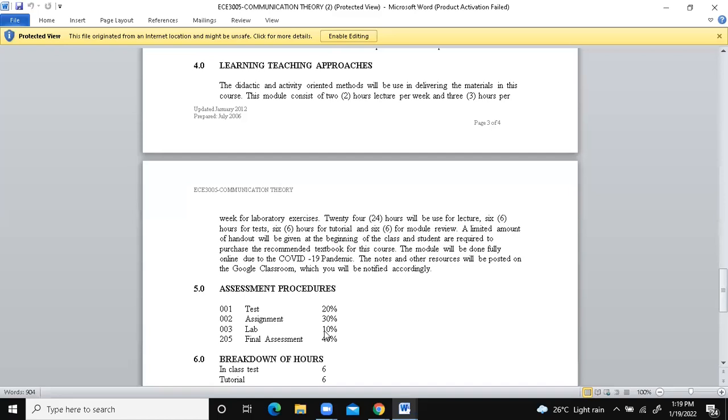So if you do your assignment and your lab, it looks like you almost passed. However, I was told this morning by Mr. Dunkley that there was a revision to the communications syllabus.